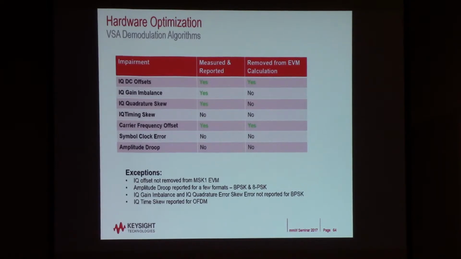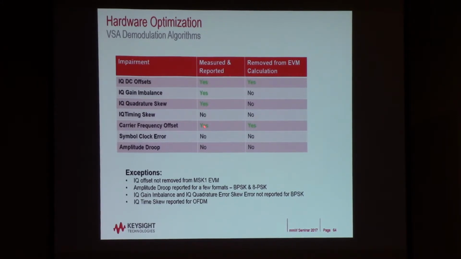Some of them are included in the EVM calculation, some of them are not. EVM is one of these things that people are very concerned about all the time because it's a single metric that gives you an indication of the modulation quality of that signal.